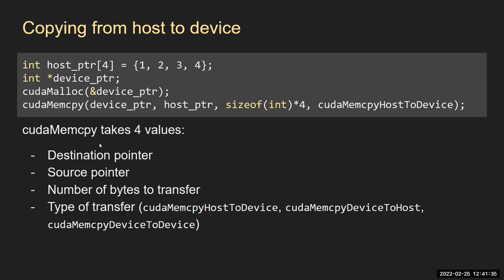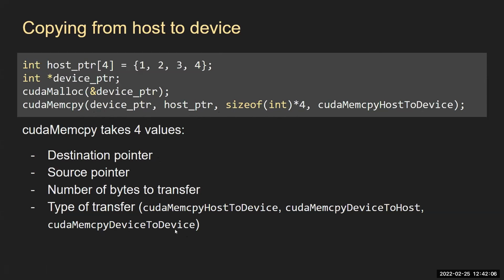So break that down again. The first parameter here is our destination, which is why we put device here, because we want to copy from host to device. Second is the source pointer. Third is number of bytes to transfer, so 4 integers worth of bytes. And then last is the type of transfer. And you can see the 3 keywords that you can use here: host to device, device to host, and then device to device.